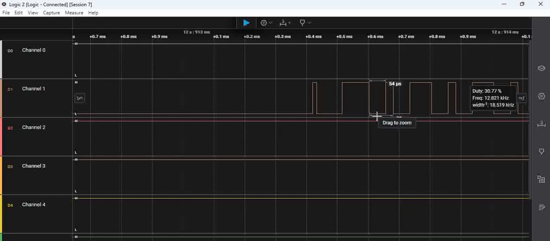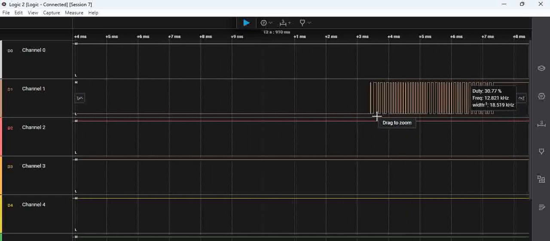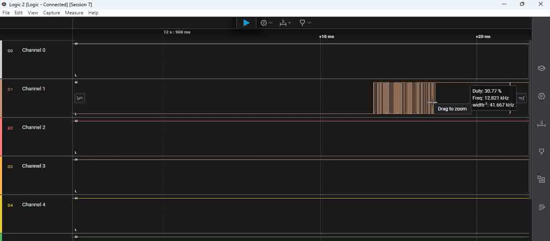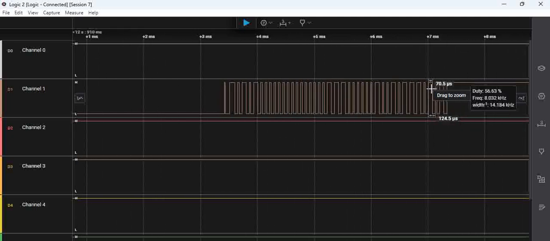So post this, whatever we see here is the entire data. Okay, so this data is a total of 40 bits, and if you see here, approximately from 3.5 to 7.5, it exists for a period of around 3 to 4 milliseconds.